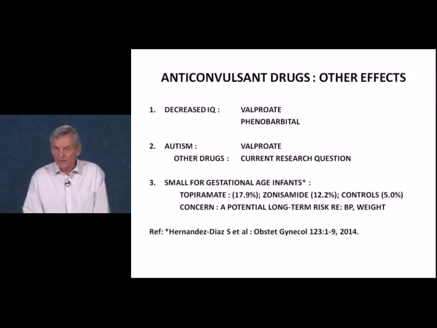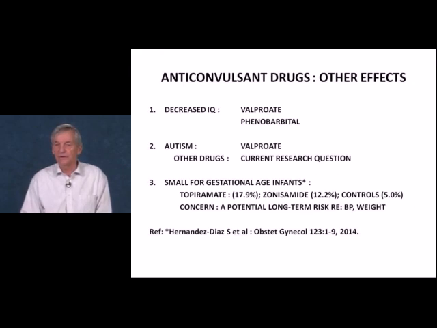Now I list one thing here that might be a surprise to you. Most pediatricians don't think of exposures to anticonvulsant drugs being associated with an increased risk for growth effects. But you see here some dramatic findings, again from our pregnancy registry. Again, Dr. Hernandez-Diaz was the first author.